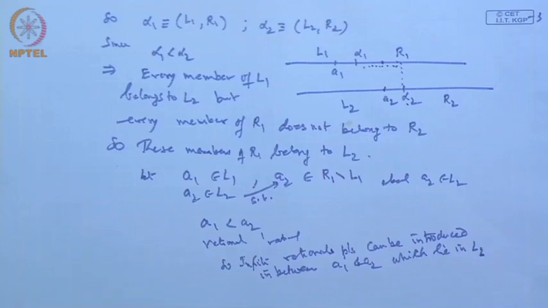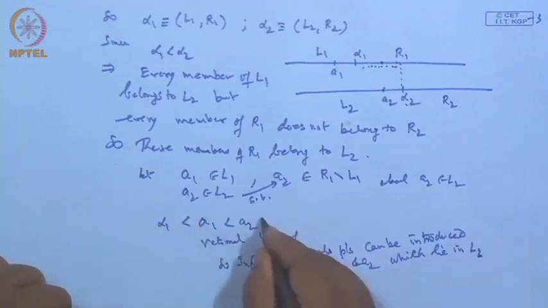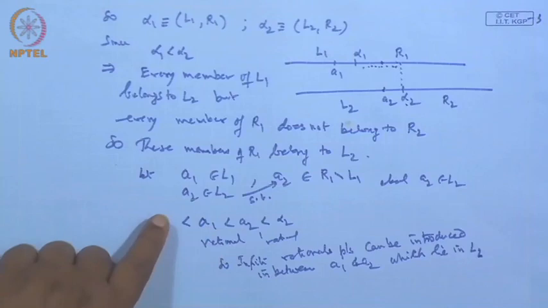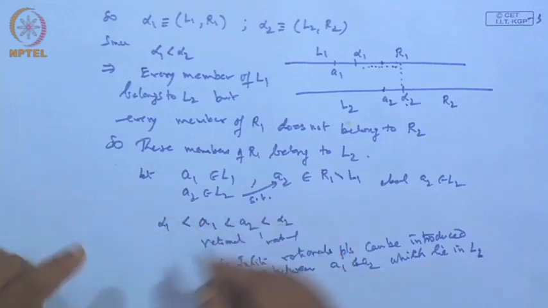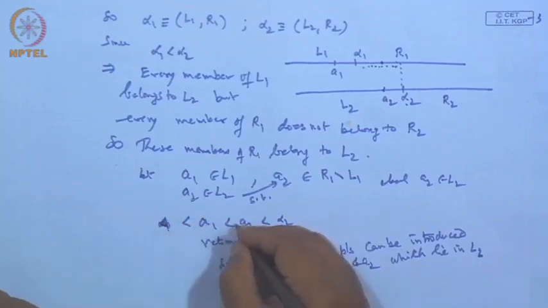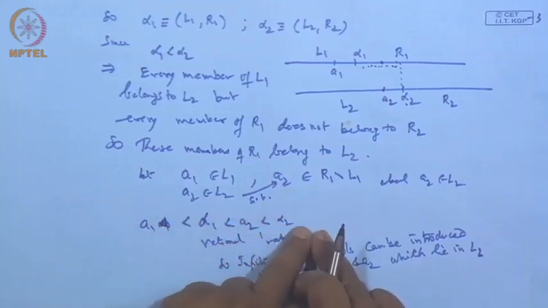A 1 plus A 2 by 2, in this way. So, we get infinitely many. It means between any two real numbers satisfying this criteria, A 1 is less than alpha 1, A 2 less than alpha 2.